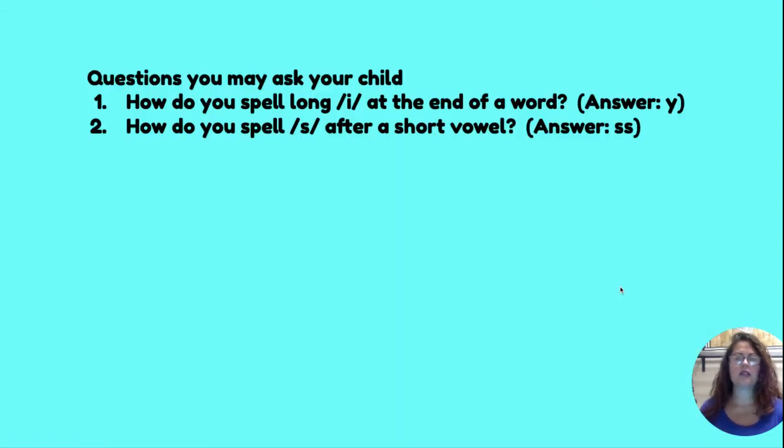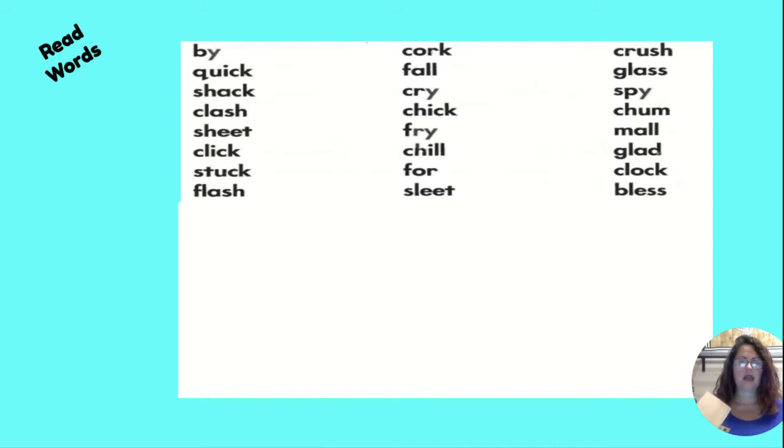Okay, now we're going to read words. We're on the read words section of the lesson. So I want you to take your finger underneath each word and read it. Okay, you can sound it out. If the student makes an error, you're going to say, let's trace.